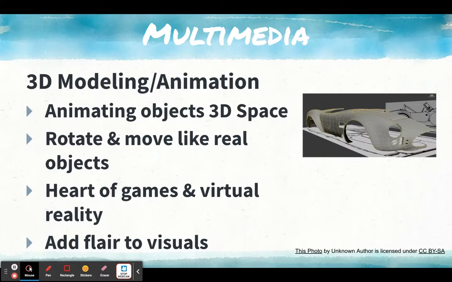Now we have inexpensive 3D printers, which you can build and create models. So it does add flair to visuals. One software for 3D modeling is called Tinkercad. It is free, so if you want to tinker in 3D modeling, Tinkercad.